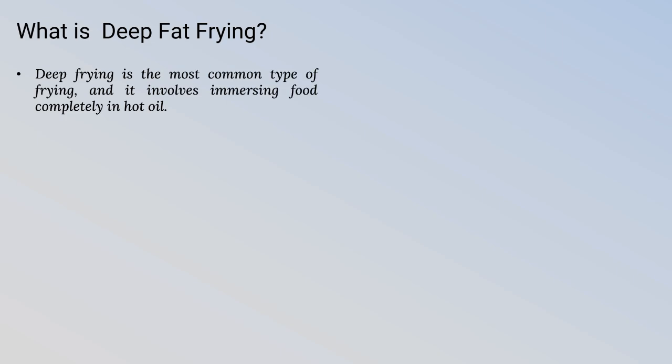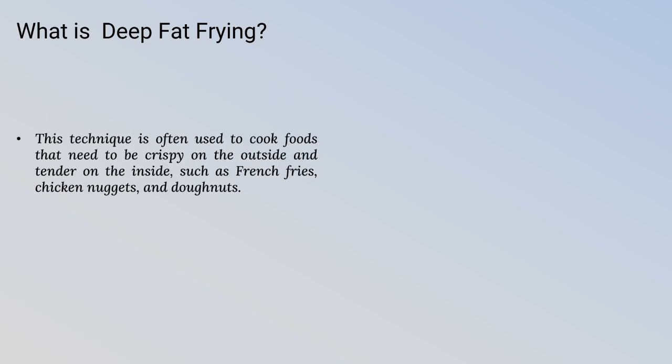What is this? Deep frying or deep fat frying is the most common type of frying, and it involves immersing the food completely in hot oil. Try to imagine the oil, as you have already seen in your local areas, in your home style of cooking as well, that the food is completely dipped or immersed into the oil and getting fried from all sides. That is known as deep fat frying.